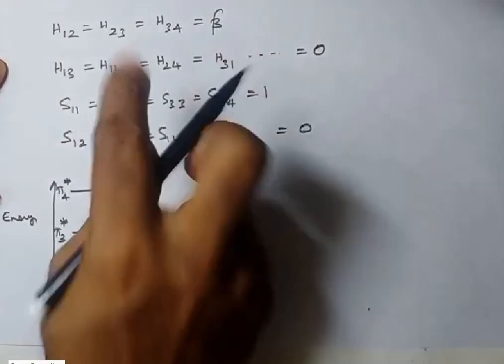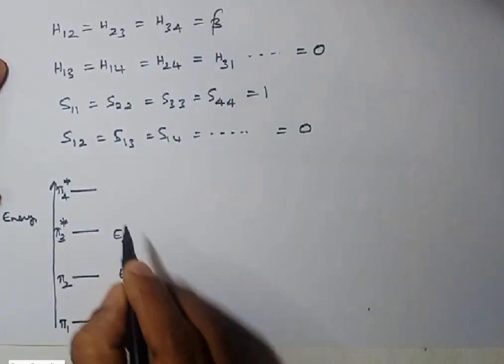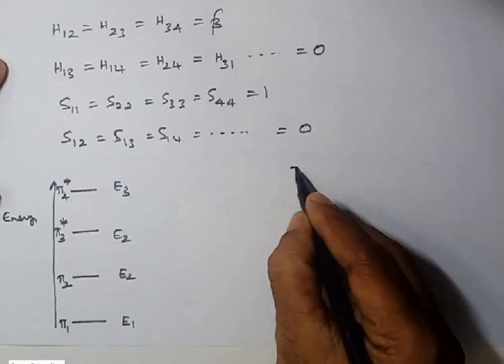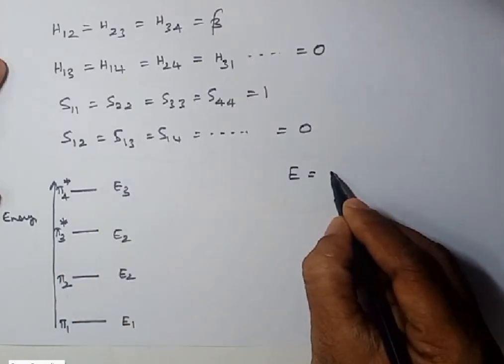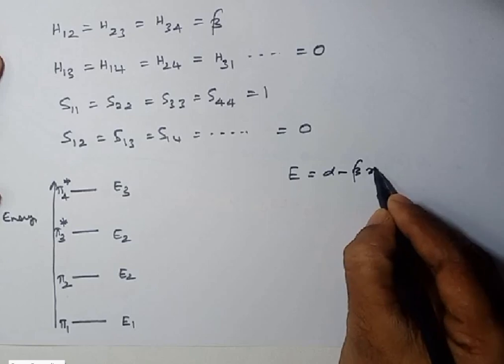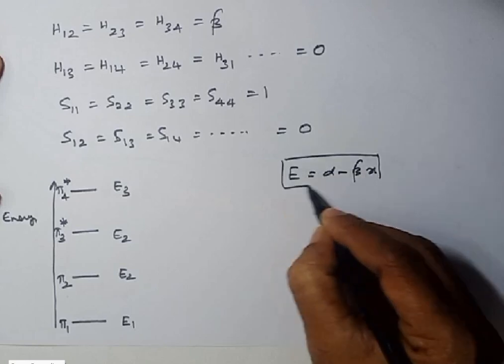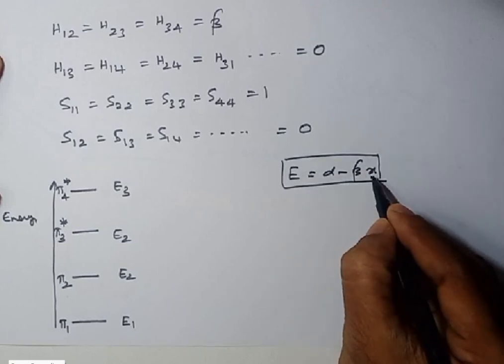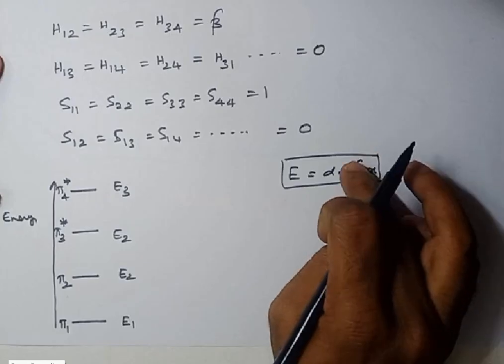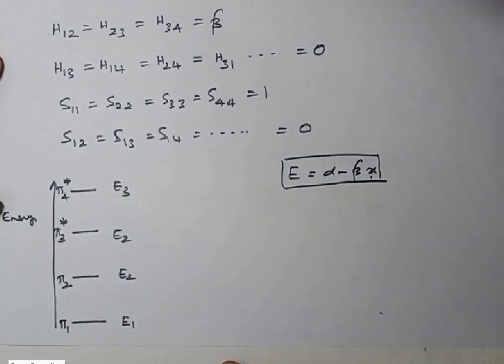After solving the determinant, E equals alpha minus beta times x. You should substitute the x values in this energy formula, and you will get the energies of the molecular orbitals.